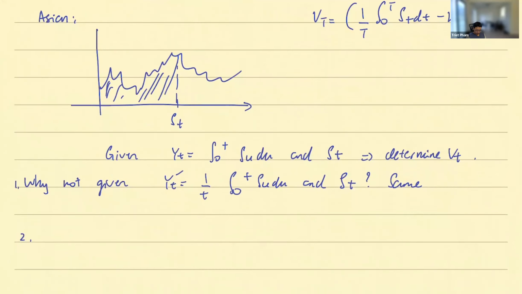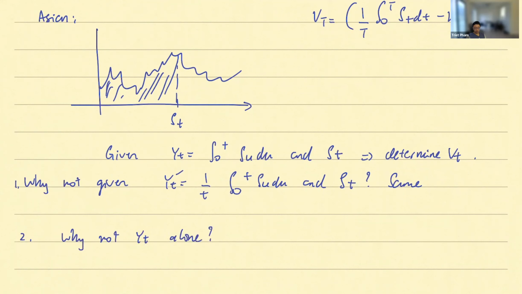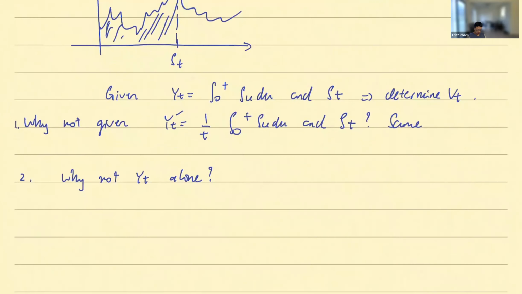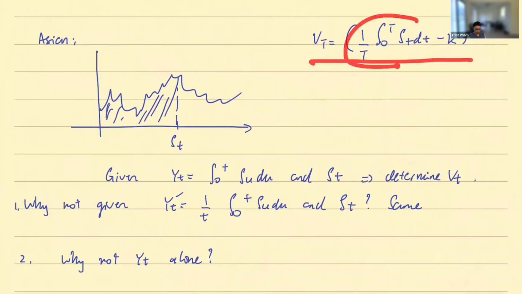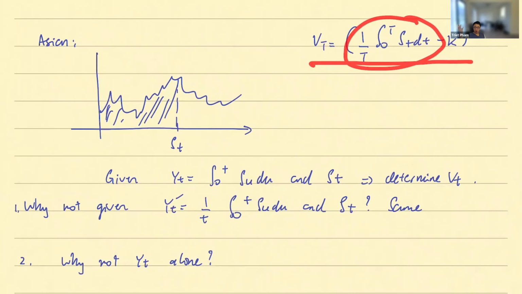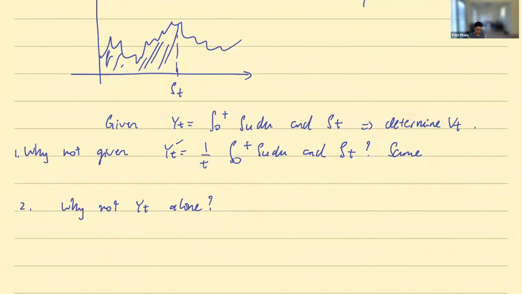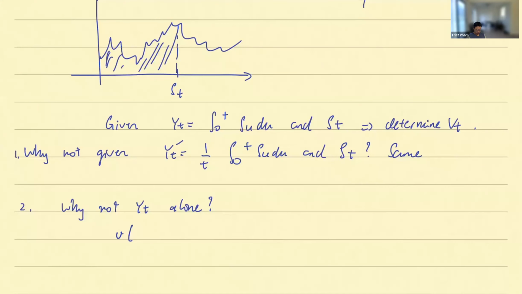Second, why not YT alone? In other words, is it correct that for this Asian option, it seems like it only depends on the average price process? Notice, saying less is not enough, but saying more is also not good either.